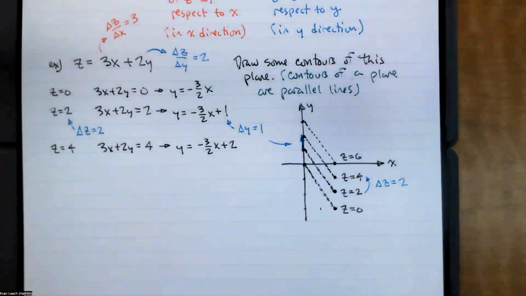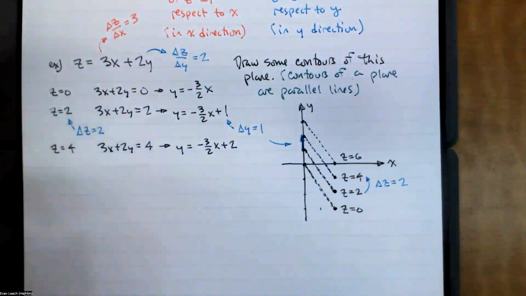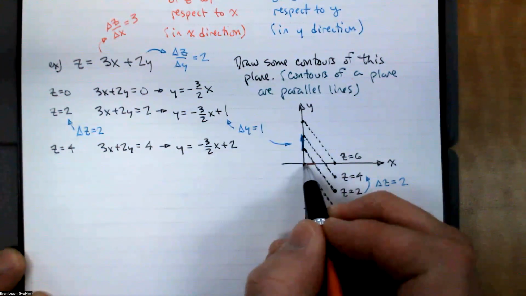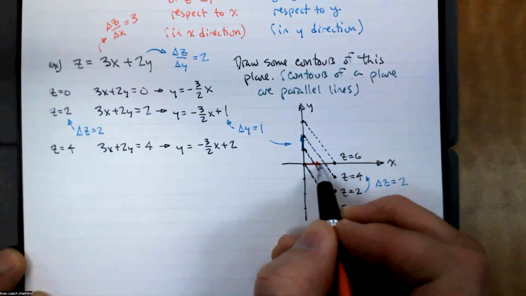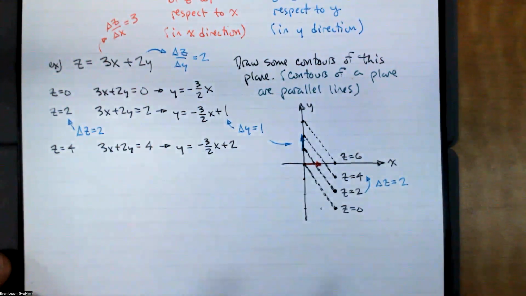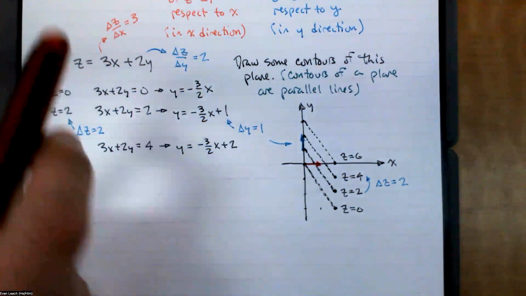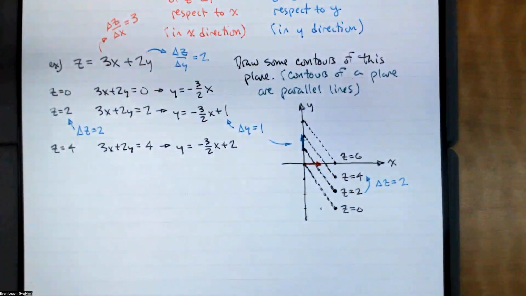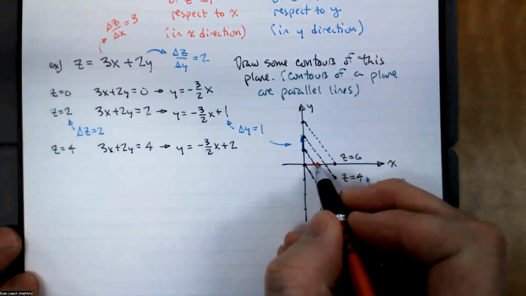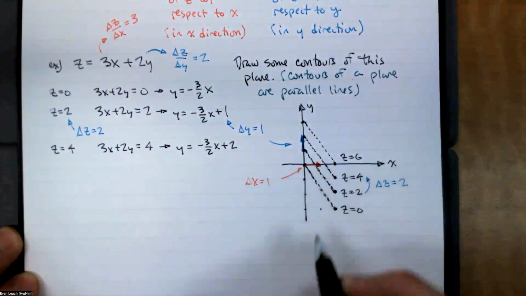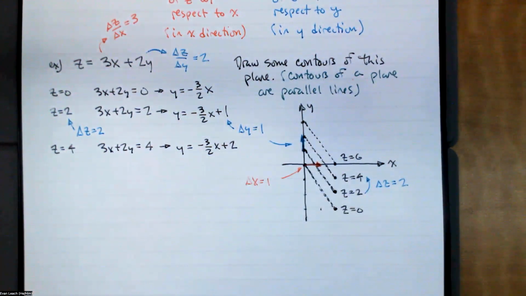So I'm going to take this 3x plus 2y. I want to use that one. We also want to know what happens if x increases by 1. What happens to z? It's actually going a little bit past, because how much will z increase when x increases by 1? Notice that if this delta x is equal to 1, that line went a little farther.